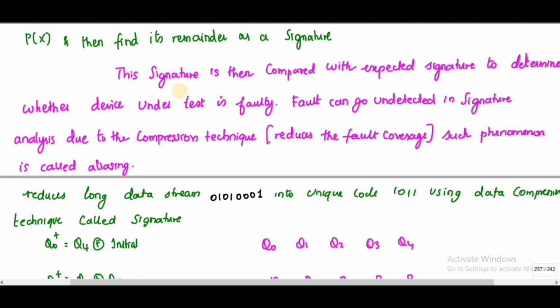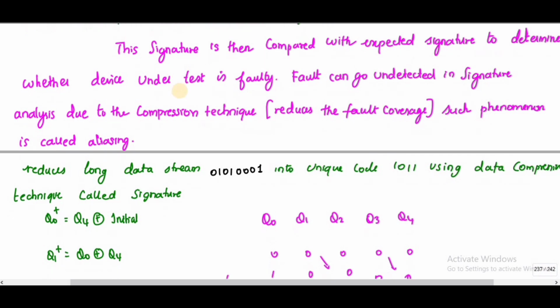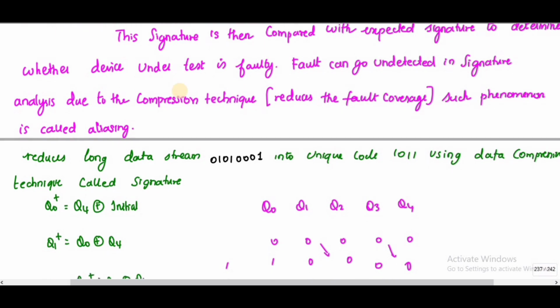So in this example, we have taken the input bit stream as 0 1 0 1 0 0 0 1, which we have compressed into a unique value. That is the signature we have generated, that is 1011. So using the data compression technique, it is called a signature.